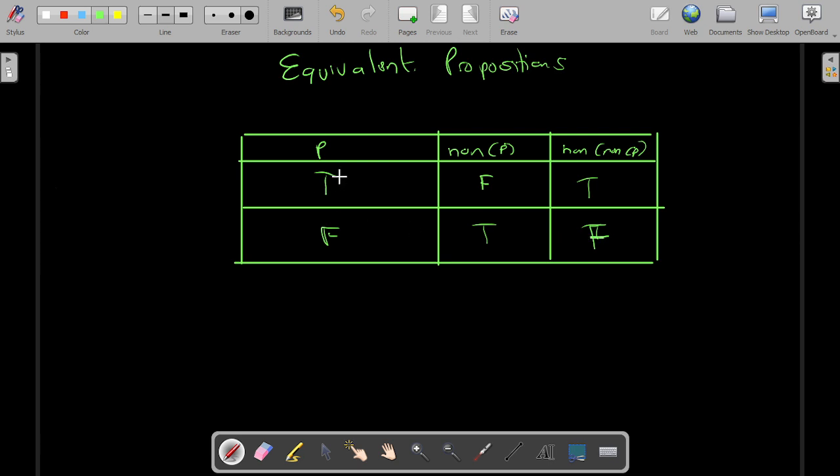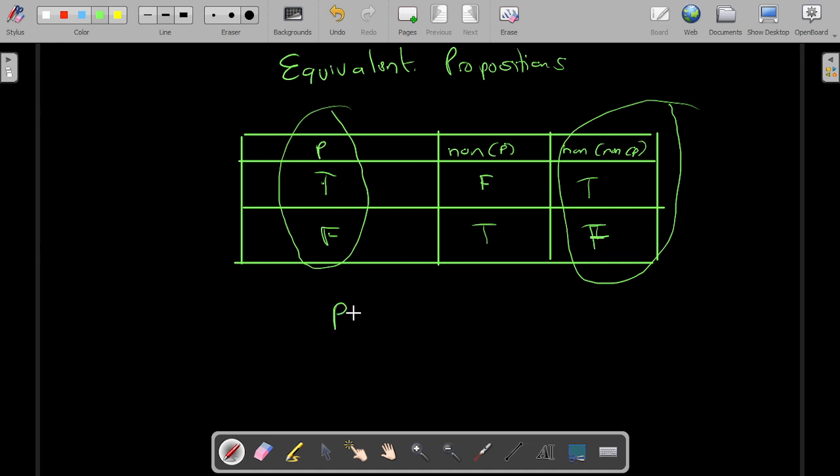Now check this out. If you look at P and you look at non non P, what do you see? We have the same truth values. When P is true, non non P is true. When P is false, non non P is false as well. Therefore, this means that P is equivalent to non non P. What this means is that they have the same truth table, which is evident from what has been presented here.